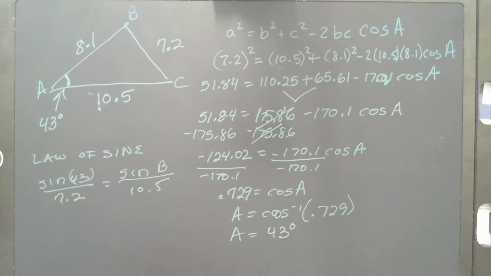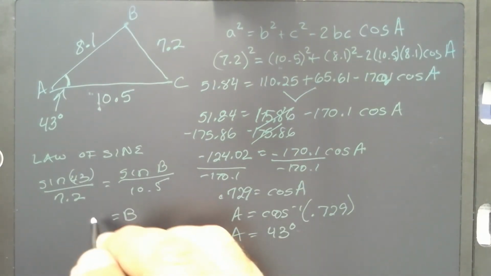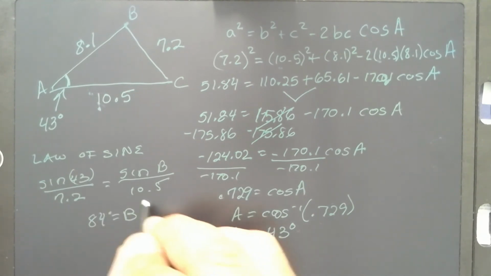All right, so let's work this out in the calculator. We'll do sine of 43 times 10.5 divided by 7.2. Second sine. B is equal to 84 degrees.